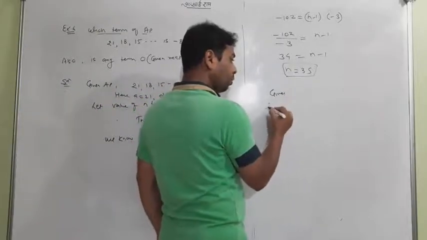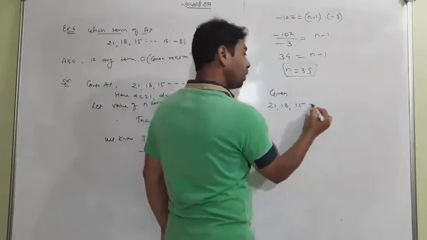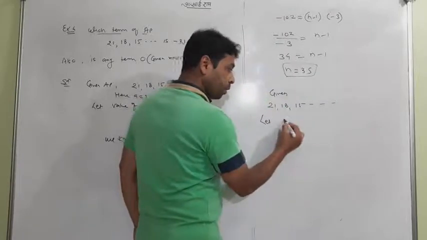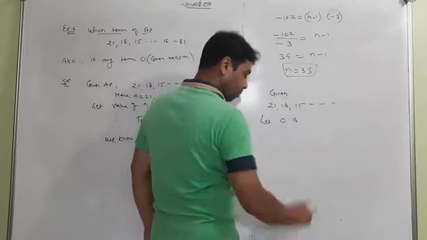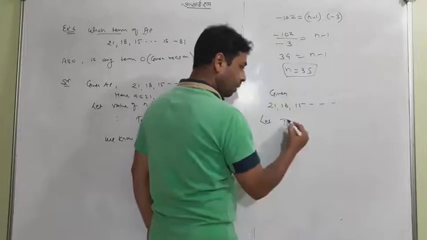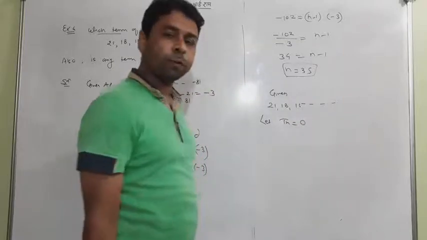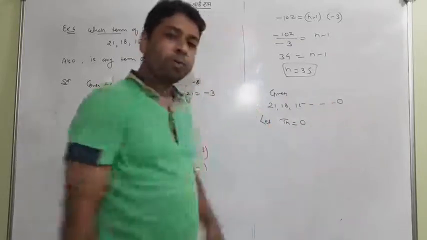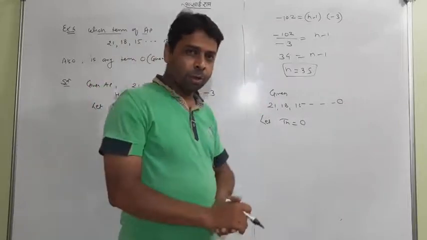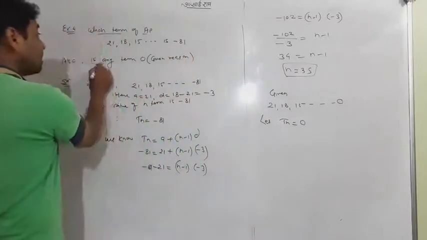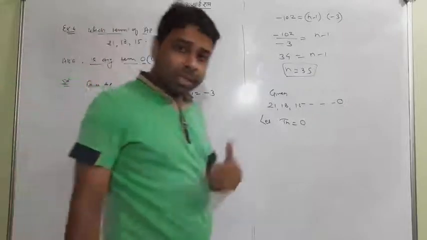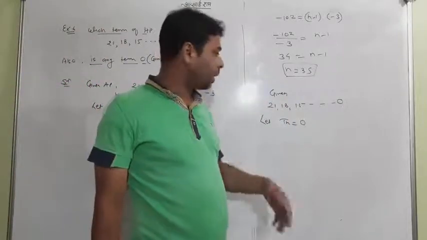Look at the given AP properly, 21, 18, 15 and so on. Let 0 be the value of the nth term. Let Tn equal 0. We assume that yes, 0 is the nth term.